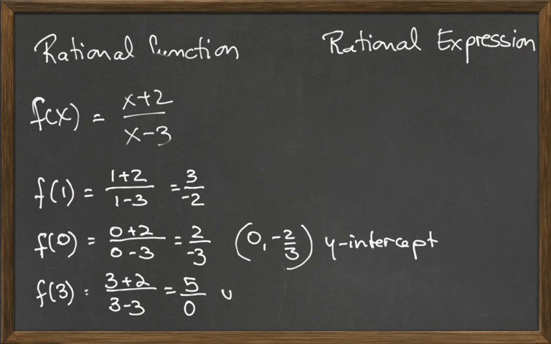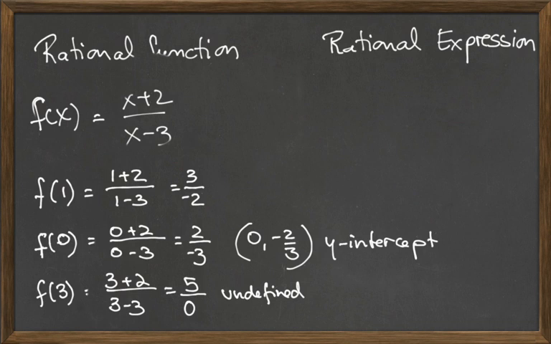It's undefined. You cannot have a 0 in the denominator. I think we talked about that when we tried to figure out what the domain of this rational function is. This rational function is undefined. It doesn't have a y value at 3. You can never, ever, ever have a 0 in the denominator.